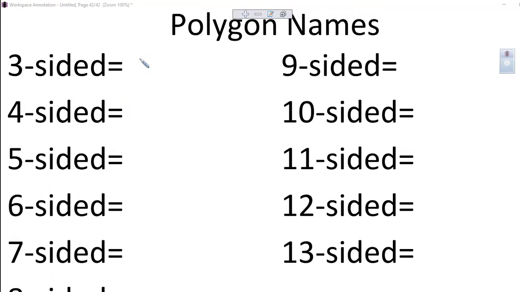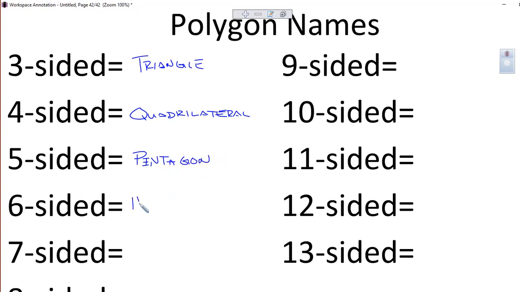So a three-sided polygon is a triangle. Four-sided, now it's not a square or rectangle, it's called a quadrilateral. Five-sided is called a pentagon. Six-sided is a hexagon.